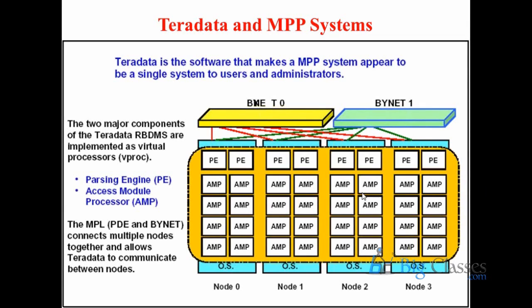But for the other 24 AMPs, it needs an external chipset board so that it passes the communication to the AMPs in the other nodes. Okay. So this is again part of the message passing layer.